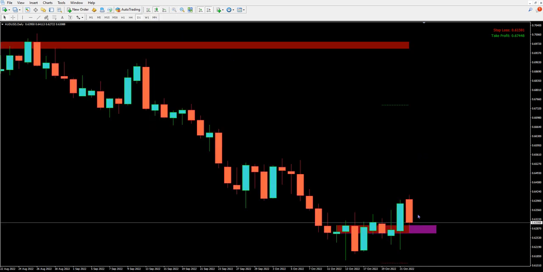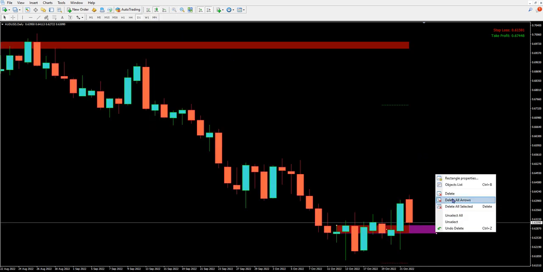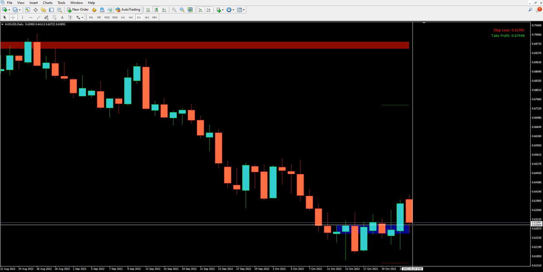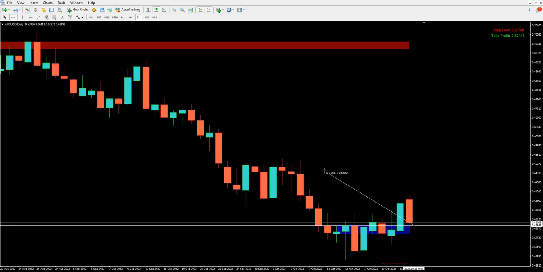And if we're expecting that zone to hold, we're expecting another higher high to form. Just to take out this candle, it's over 110 pips. To take out the next recent high after that is over 250 pips.